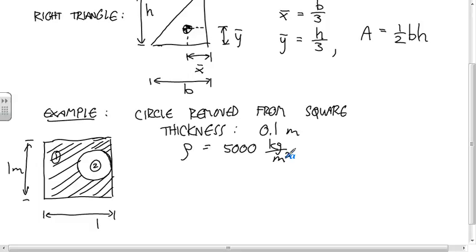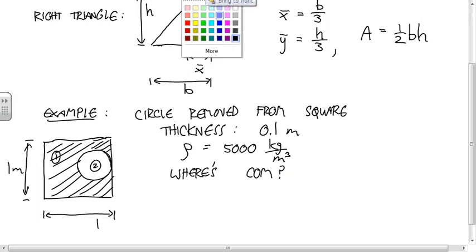Okay, so how are we going to figure out where the center of mass is? What's our strategy? Well, one thing, notice that there's a line of symmetry.